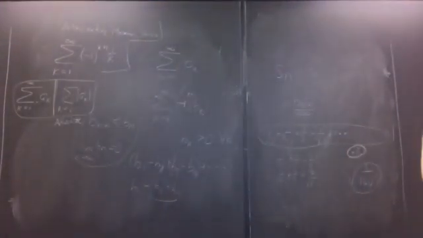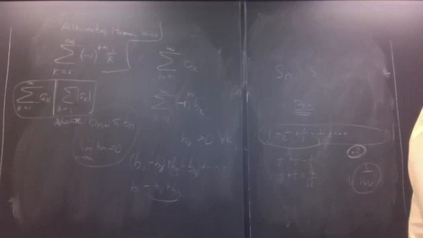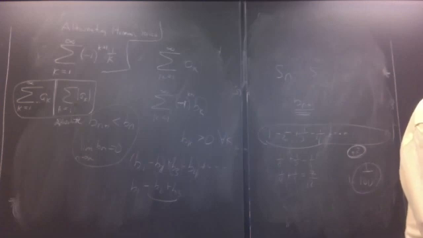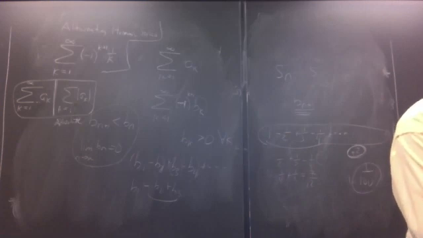So, definition 777: a series a_n is called absolutely convergent if the series of absolute values is convergent. Series of absolute values means put absolute values around all the original terms.